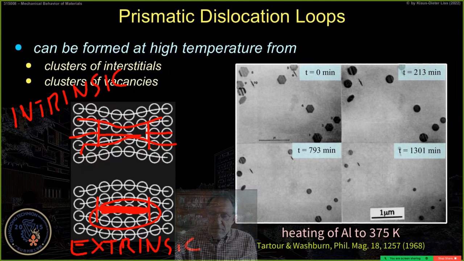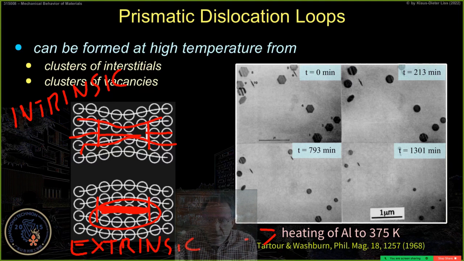These loops have been observed here experimentally. So when they heat aluminium to 375 Kelvin, they have seen these loops eventually moving and changing shape.